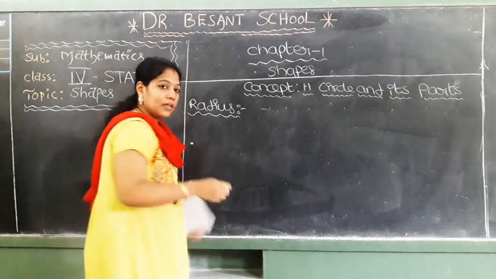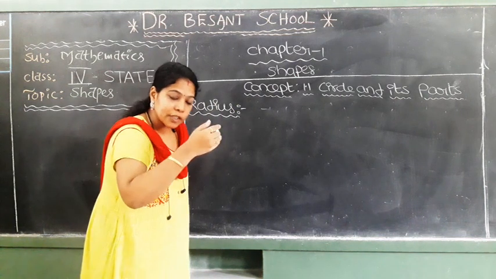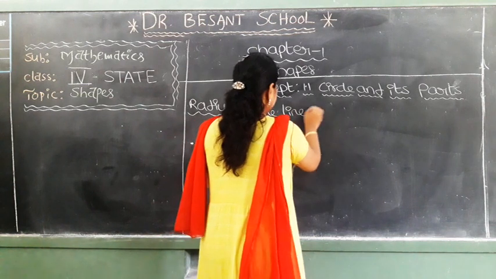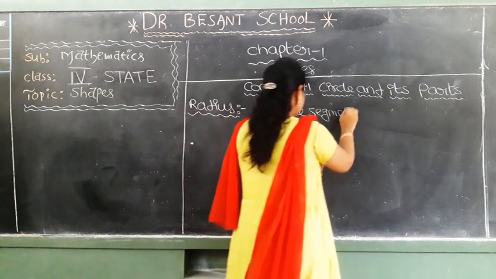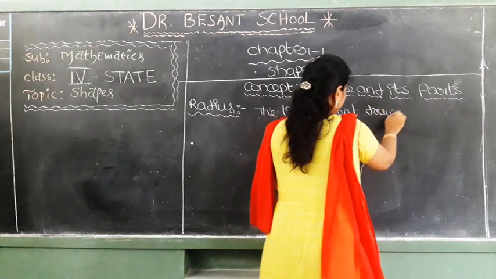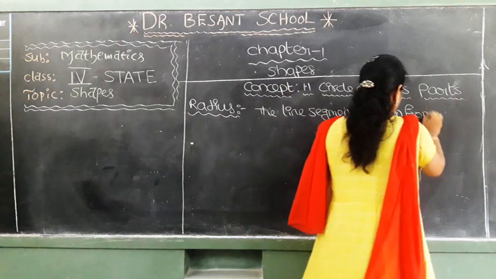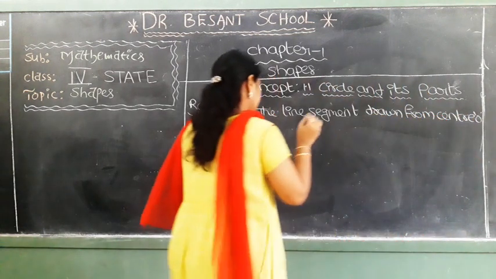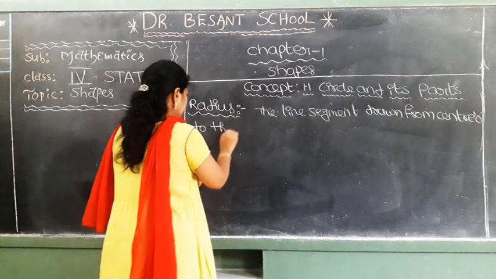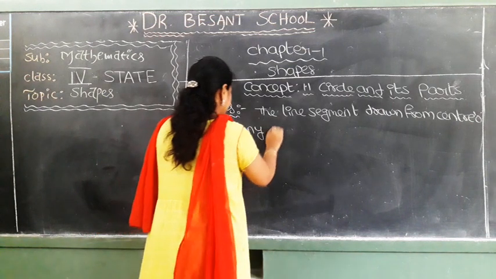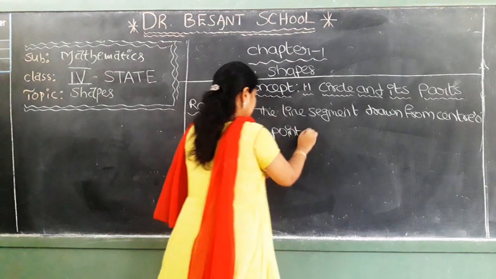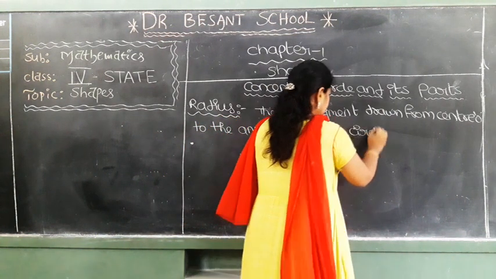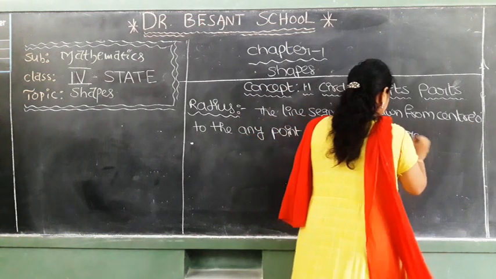What is the radius? The line segment drawn from center O to any point on the circle is radius.